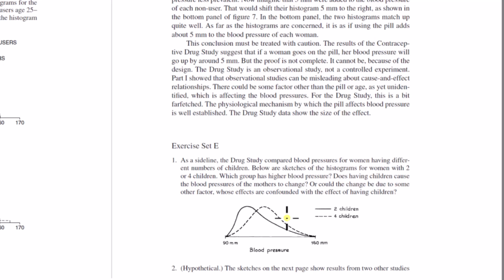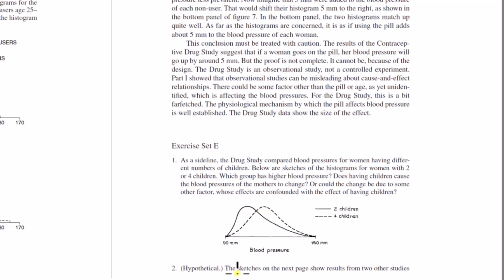The higher the age, the higher the blood pressure on average. And then I'm looking in the textbook here, the solutions say that after controlling for age, so what does that mean? That they redid these histograms, but just for a lower age group or a higher age group. And then this association disappeared.